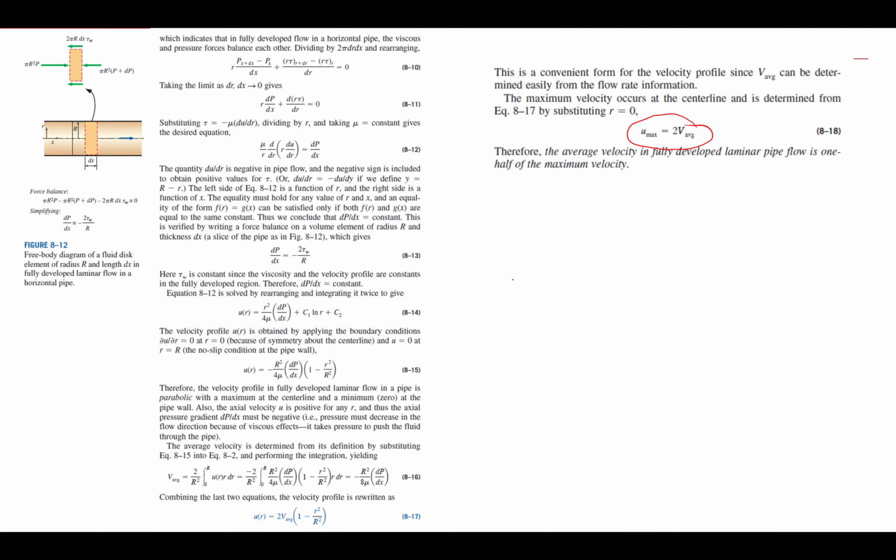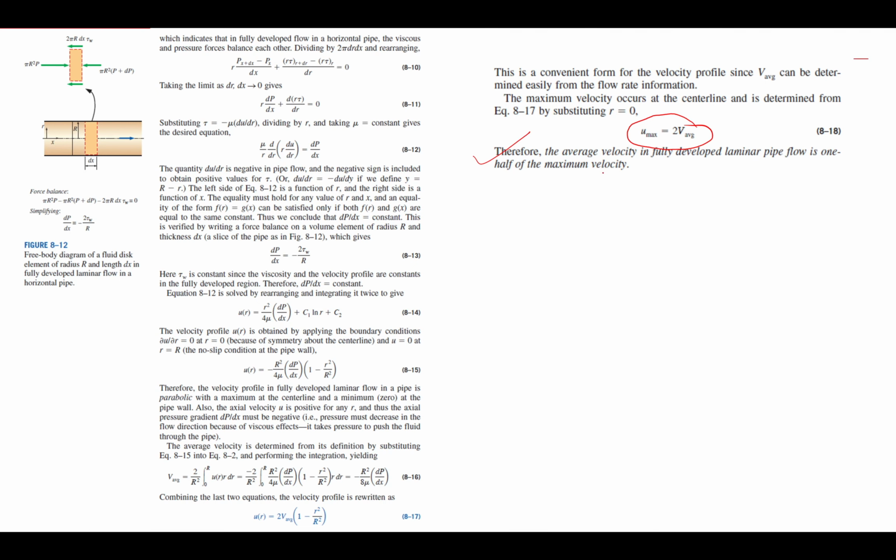So the average velocity in fully developed laminar pipe flow is half of the maximum velocity. So here is the concept.